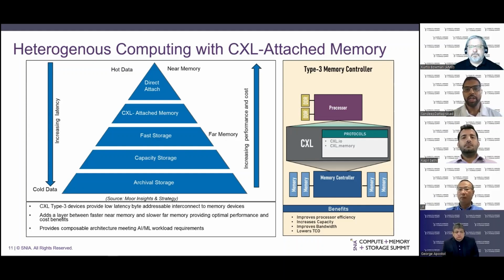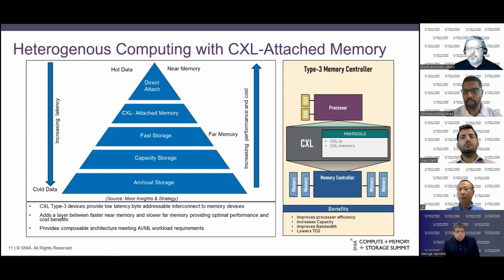So we really need a memory tier which balances between the cost as well as latency and bandwidth. And that's where the CXL protocol comes into play. Especially type 3 devices in particular add a layer of memory between near attached memory, which is the traditional direct attached memory at the top, and the far attached memory or storage devices at the bottom.